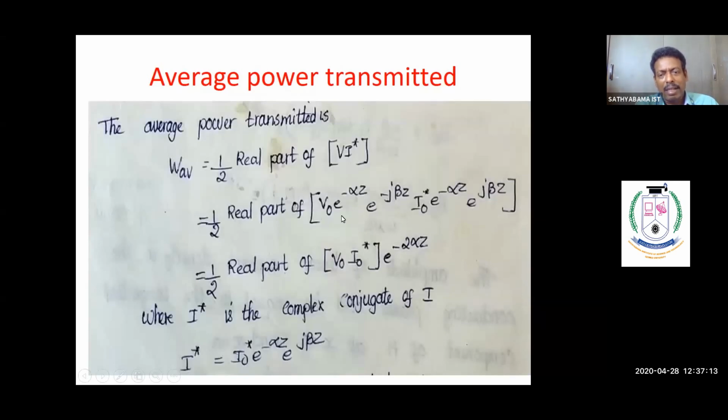So we have seen V naught e power alpha z is the voltage equation, e power j beta z, and the current equation is I naught e power alpha z e power j beta z. And the minus sign is missing here because in the expression we have the current conjugate. Then you multiply these two, you get 1 by 2 real part of V naught I naught, and this exponential term reduces to e power minus 2 alpha z. Okay. So this is the average power being transmitted.